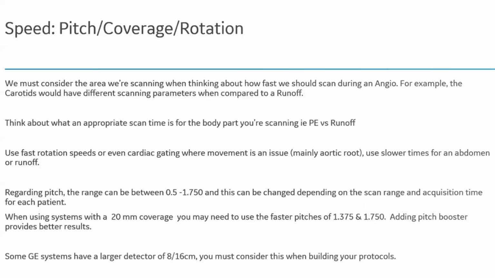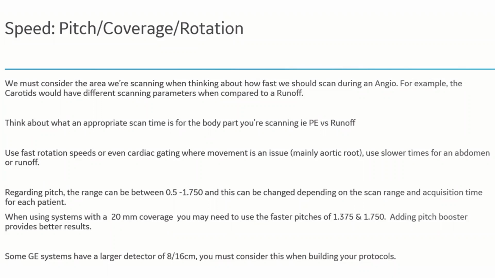How fast do you want to scan? For example, a CTA embolism study can be scanned in a couple of seconds, but a peripheral study will be scanned over 20 or 30 seconds in order to avoid movement. So sometimes it's appropriate to use a fast rotation time to acquire quickly, or potentially use the gating function.